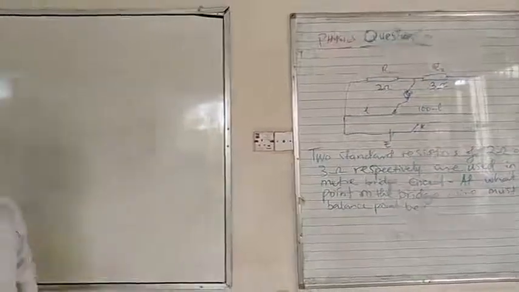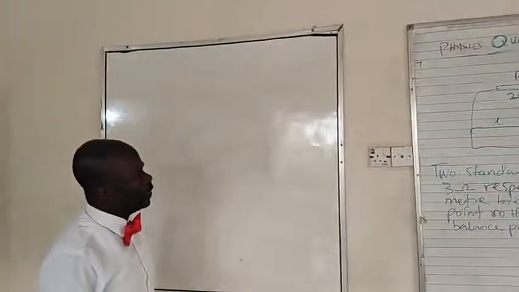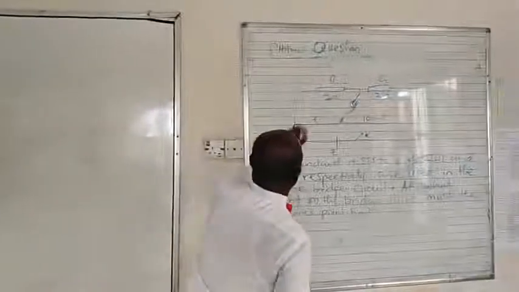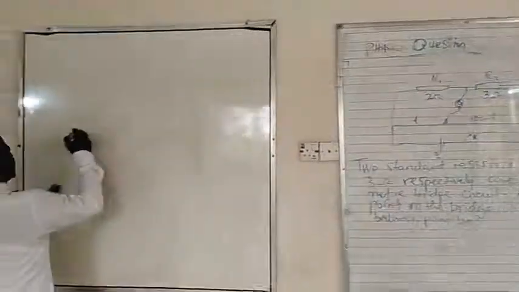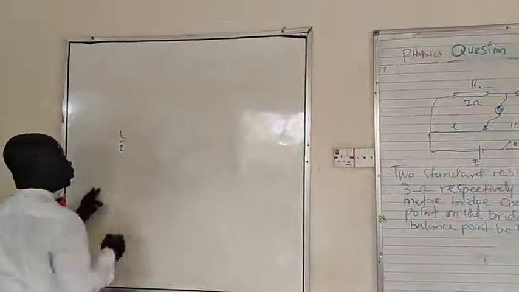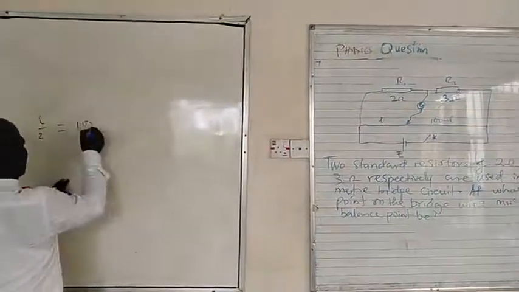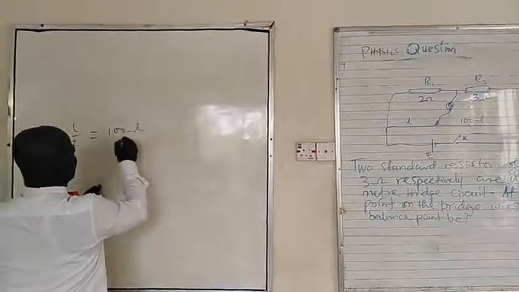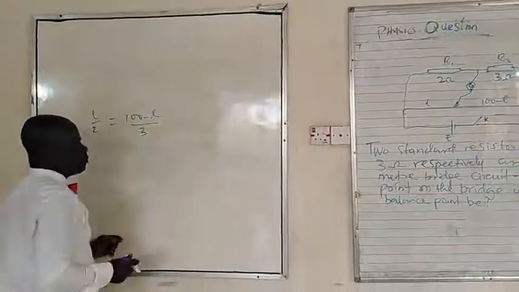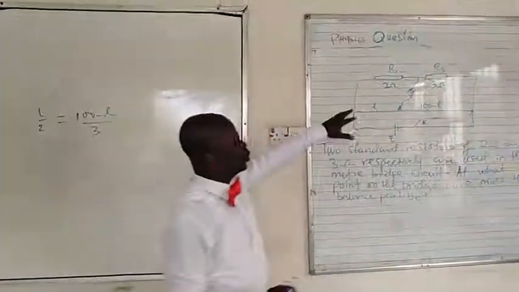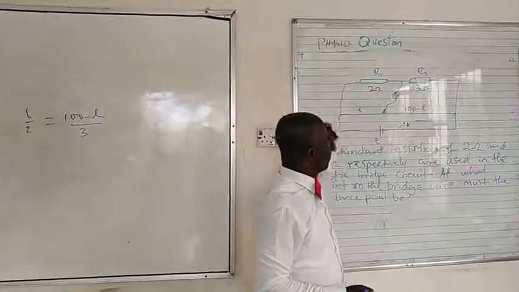Now look at how it is applied here. L over 2 is equivalent to 100 minus L over 3, because we are comparing two resistors and we are looking for a balance point.